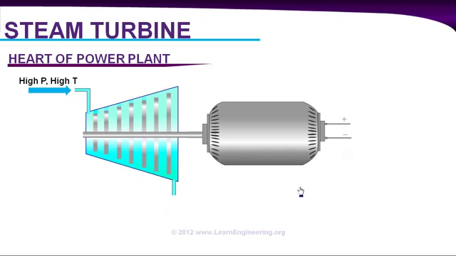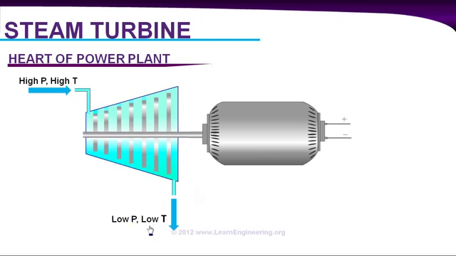But the main challenge here is how to produce this electricity continuously. When this high pressure, high temperature steam passes through the turbine, the blades rotate, so the blades absorb some energy from the steam. So the steam will obviously lose some energy. At the outlet of the steam turbine, you can see the fluid has low pressure and low temperature.